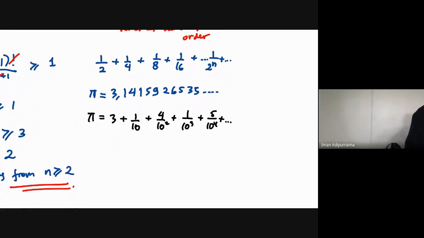So behind this pi, we can divide it into all these numbers, and if we add more and more terms, we increase n. The result will be our original pi.